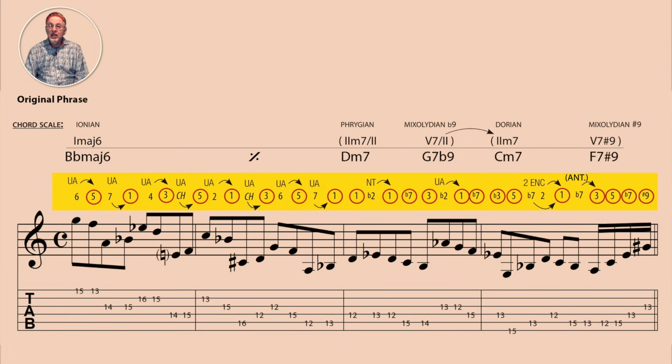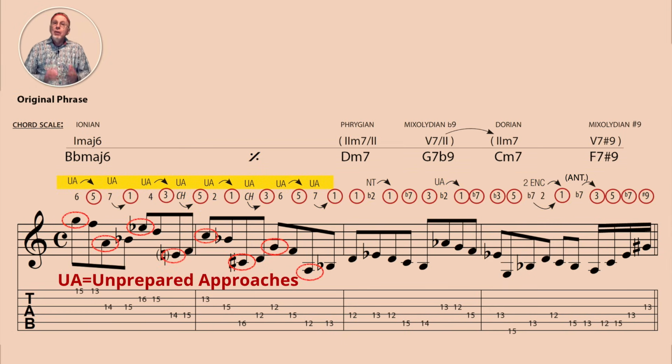That said, in this line we can see some abbreviations above each approach note. The initial 8 are categorized as unprepared approaches. These are diatonic or chromatic notes that are preceded by a rest or a leap of a third or more, as you can see by its distance from the previous note.